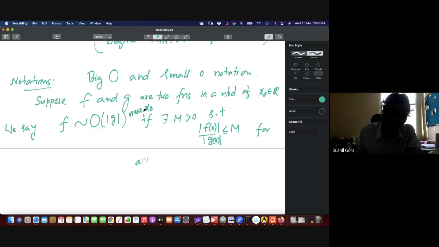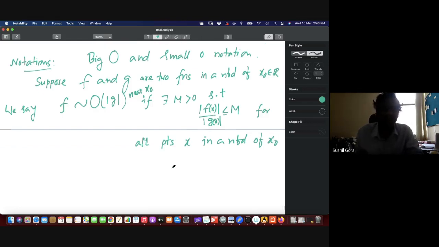So we need a point here where this is true; this is not true globally. It holds for all points x in a neighborhood of x naught.